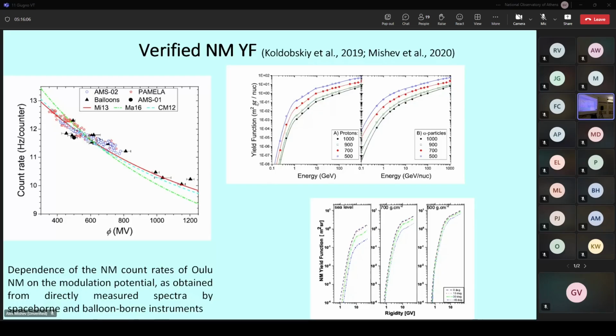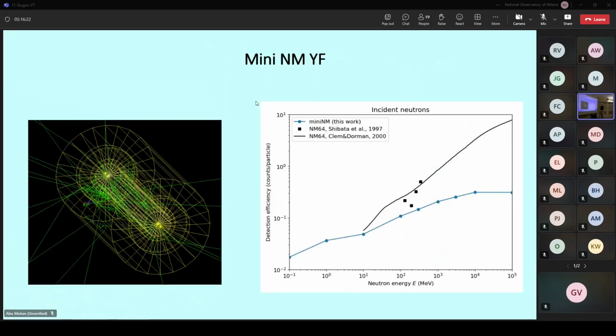Here you can see the yield function for different incidence angles, 0, 15, 30, 45 degrees, for sea level, 700 and 500 grams. The next is work in progress.